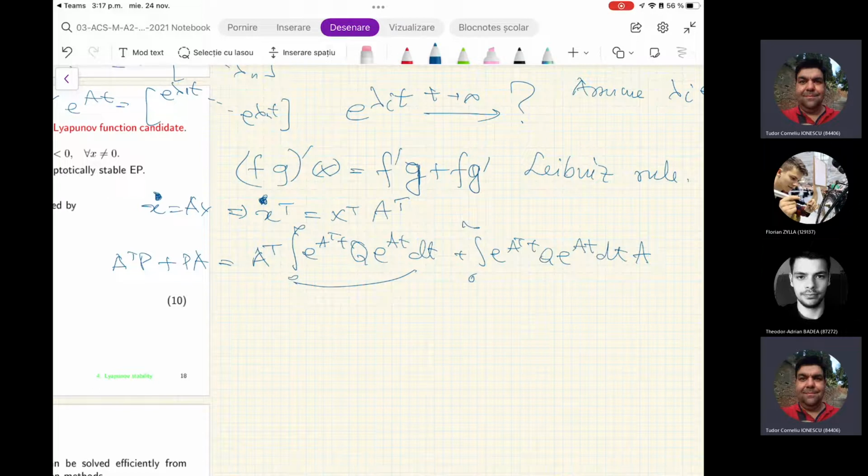So this guy is something like, because you have A transpose here, and here you have A. So this is something like e to the power A transpose t, Q, e to the power At, between 0 and infinity.